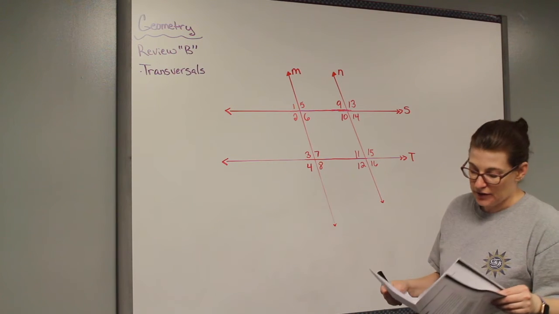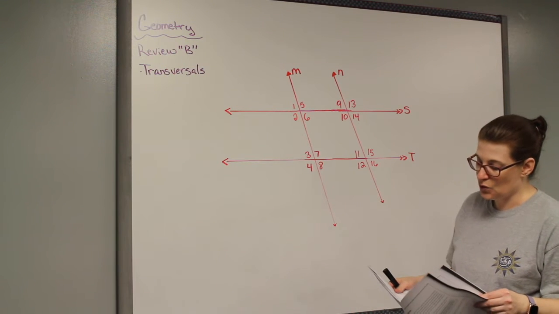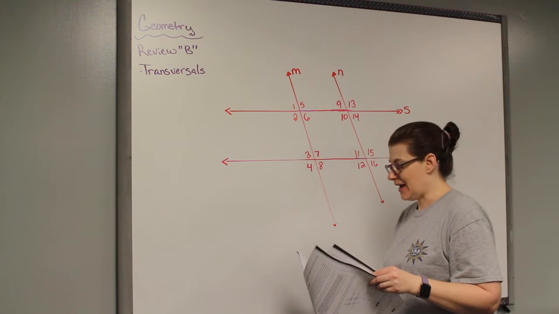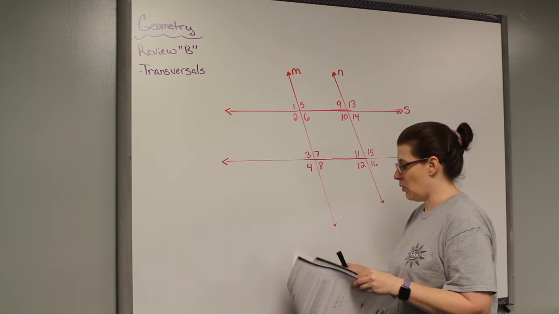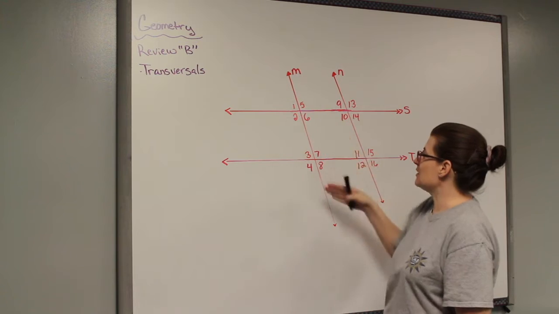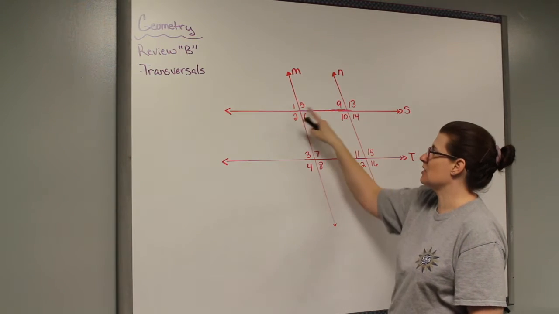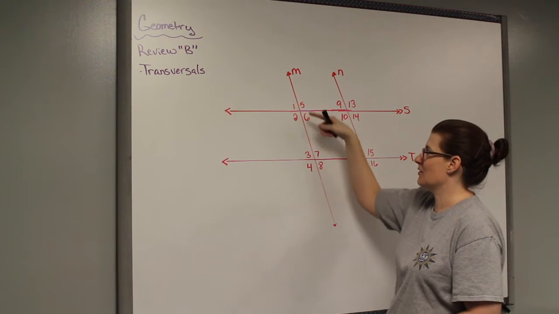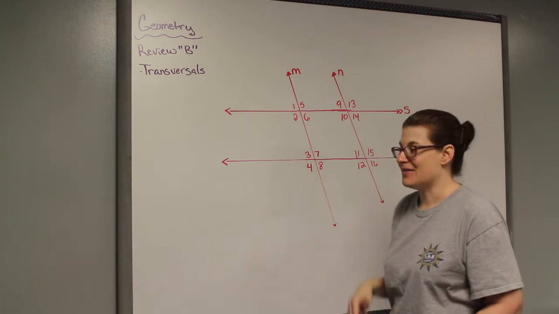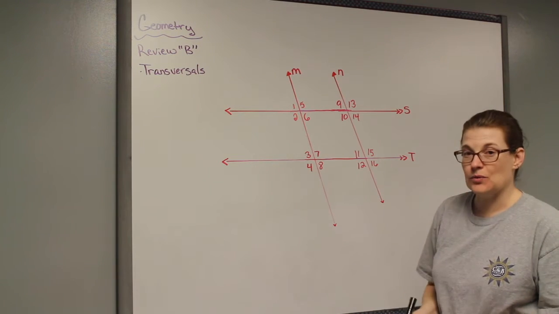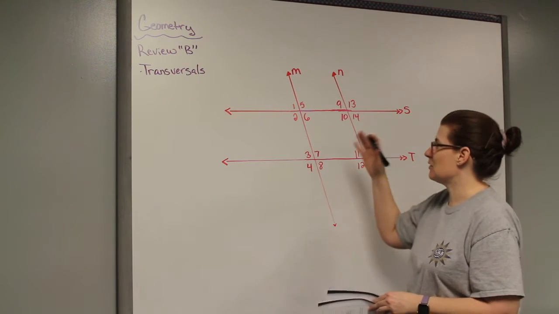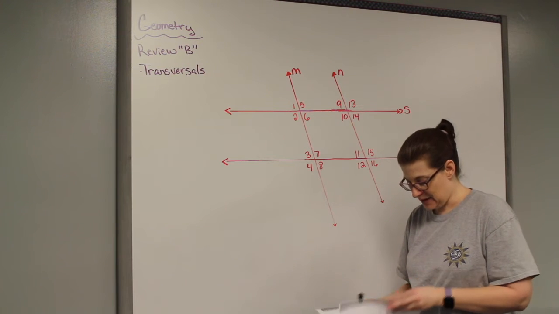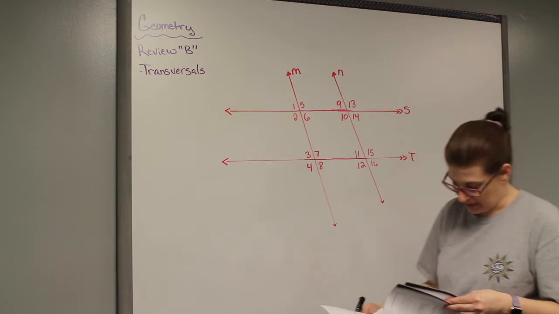But a transversal is a line that intersects two or more lines, each at a different point. So these two lines would be considered transversals because they intersect two different lines. They do not have to be parallel, but when they are parallel, certain pairs of angles are created, which is what we're going to talk about today.